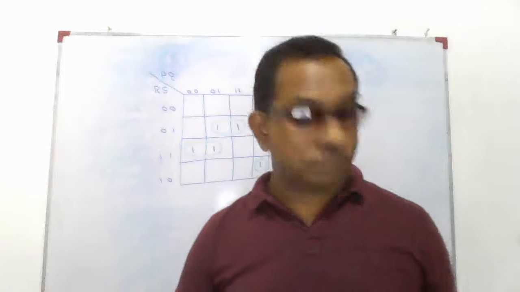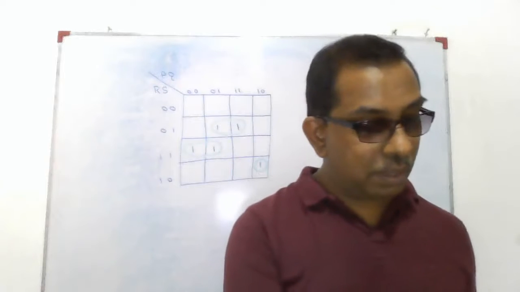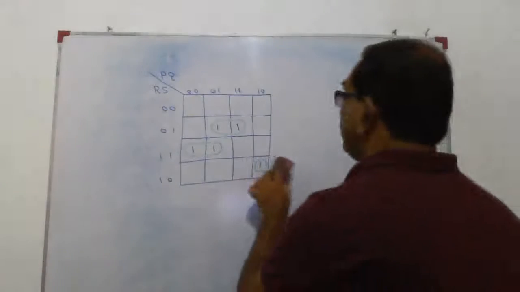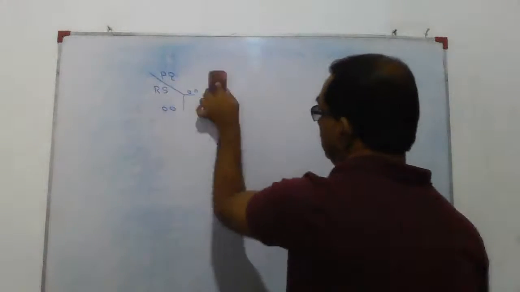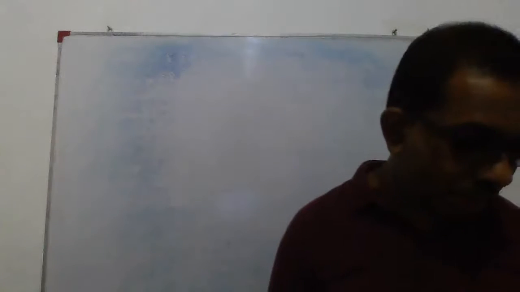Right. Now I want to do another K-map with you. Let's see here. I have a Boolean expression.